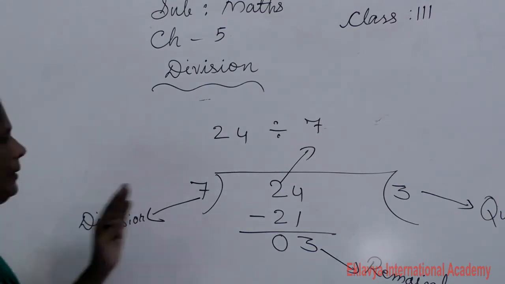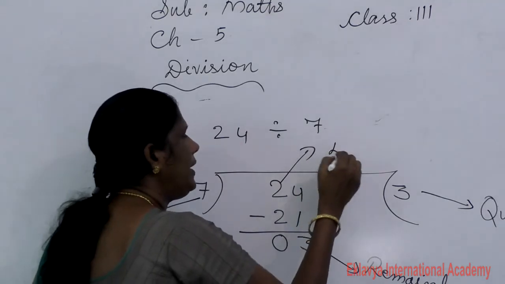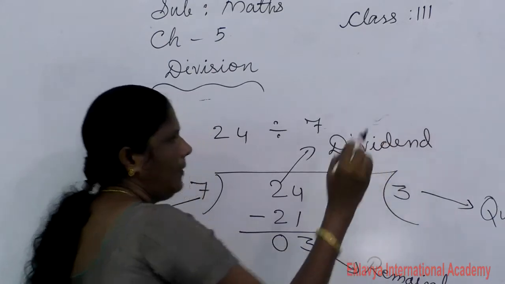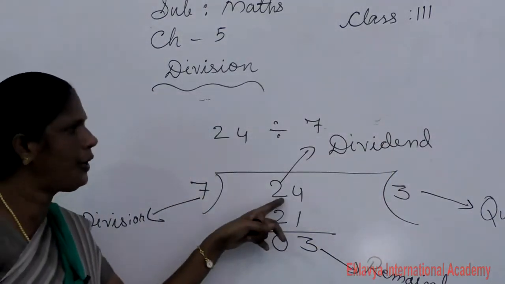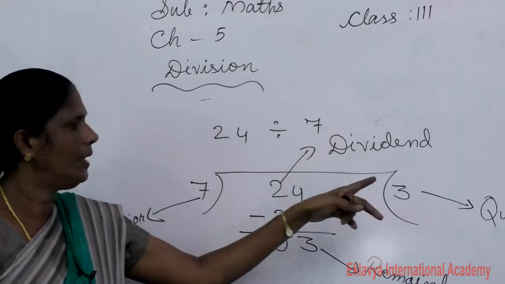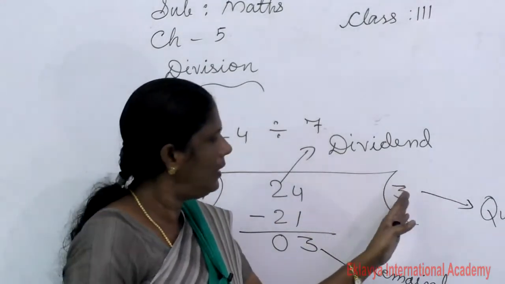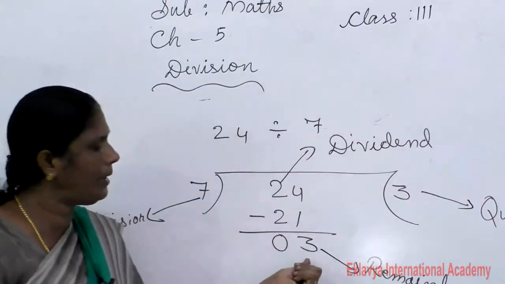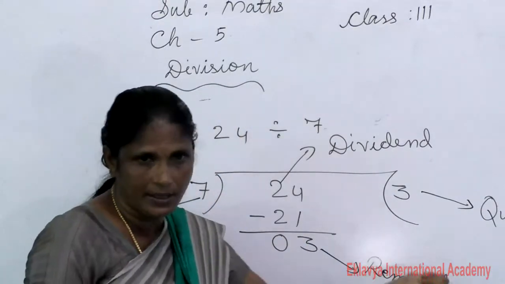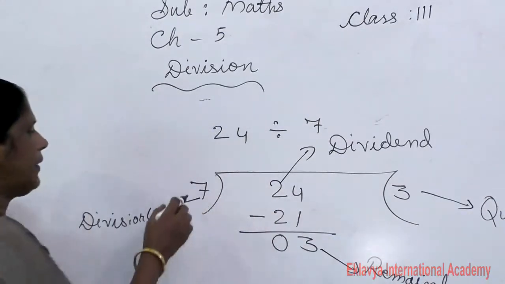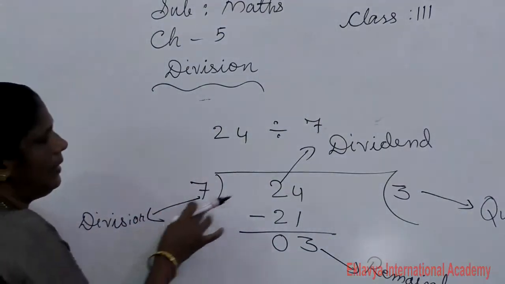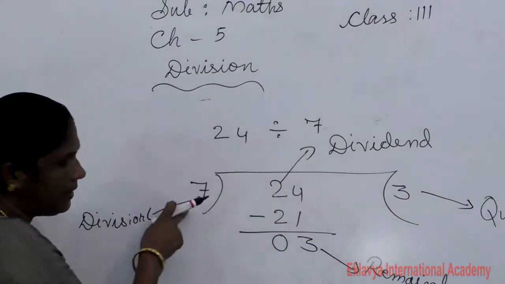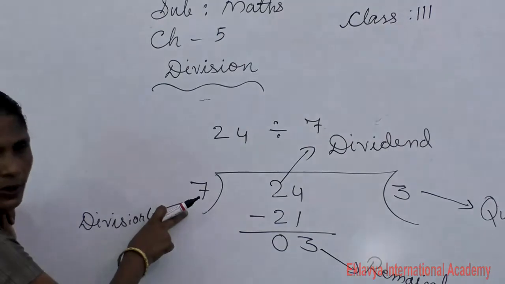And this is dividend. Here 24 is dividend, 3 is our quotient, this 3 is remainder, and this 7 is our divisor. Dividend, quotient, remainder and divisor. You understand?